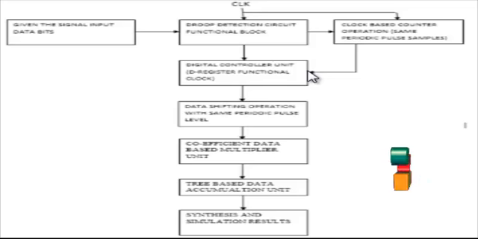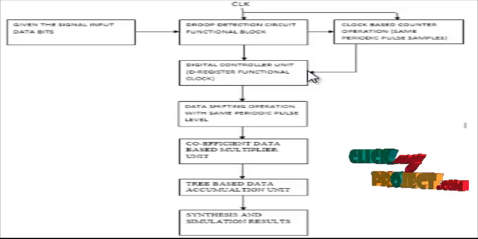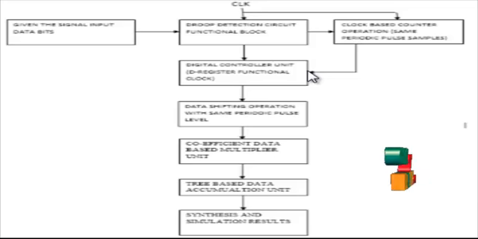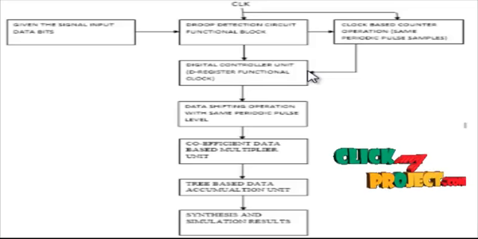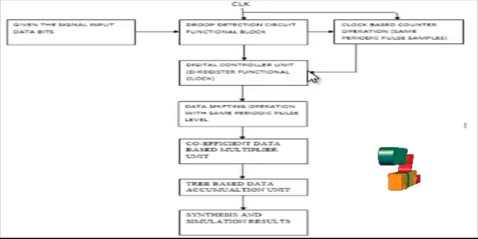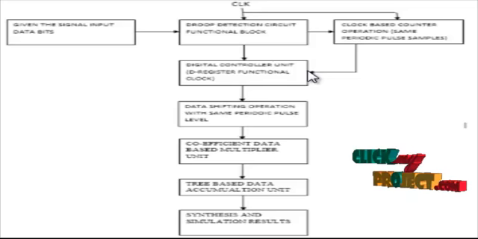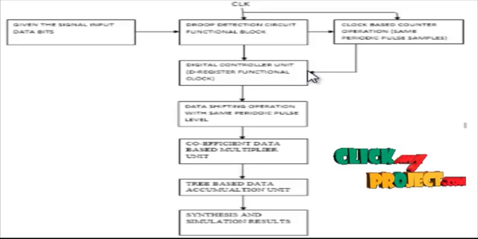The tree based accumulation unit consists of a large number of adder elements for every accumulation process. This accumulation process is mainly based on the carry generation time, and we aim to reduce the overall circuit complexity for the multiplier and the adder circuit.